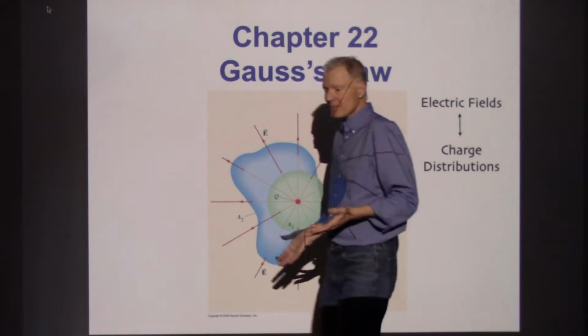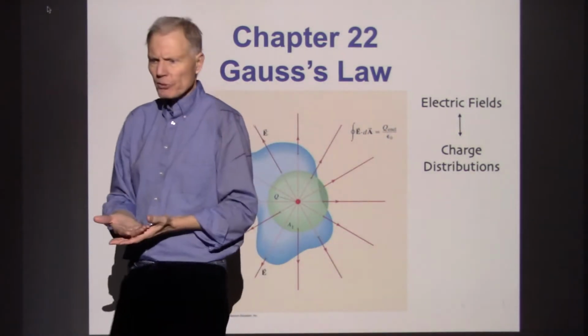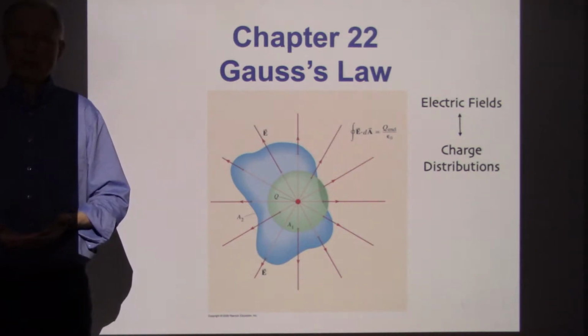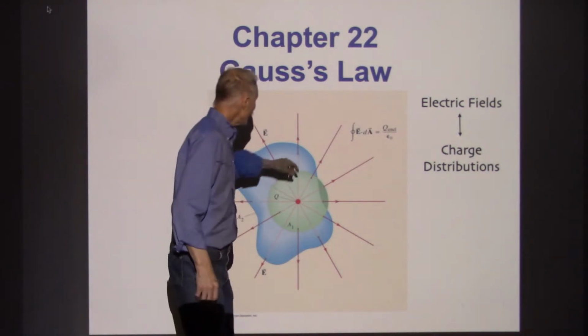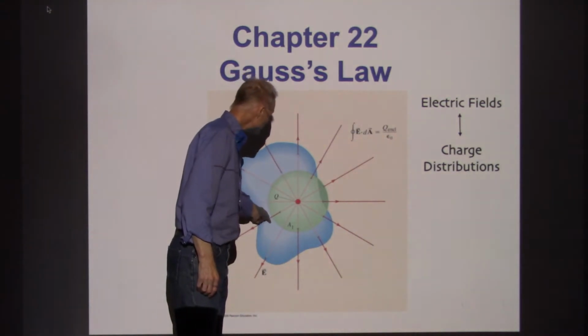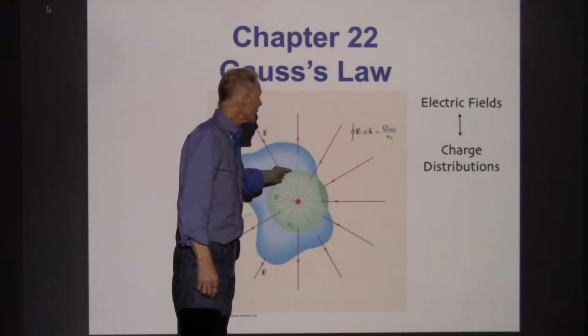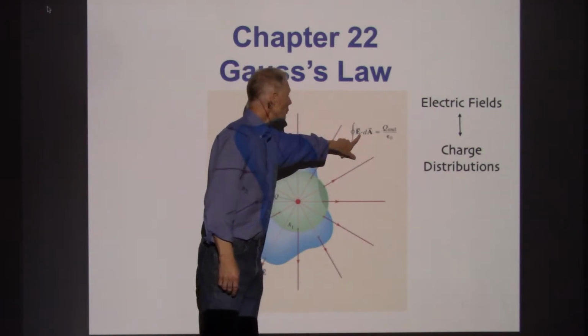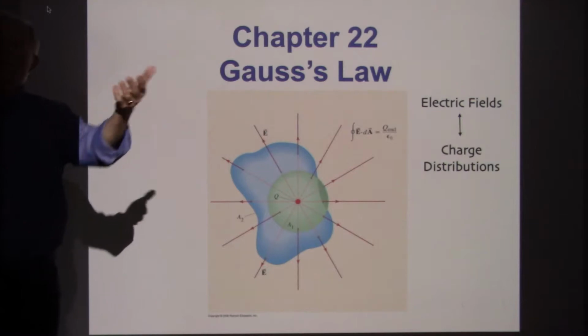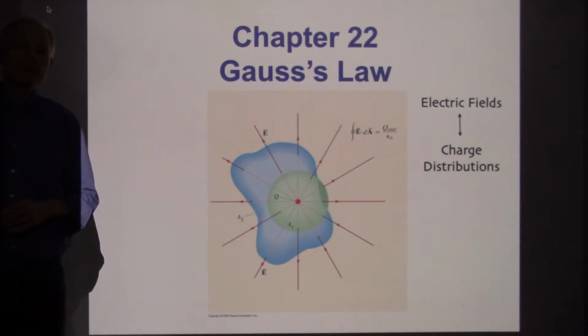Now remember, what we said is, if I can come up with a surface that has a lot of symmetry to it, then I can guarantee that the electric field will be a uniform value at all locations. And you know that if I have a constant inside the integration sign, the constant can be brought outside.